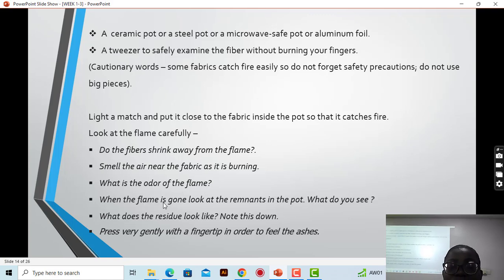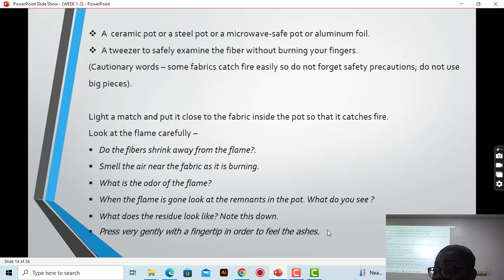When the flame is gone, look at the remnants in the pot. The remnants are the residue, the ashes that it leaves. What does the residue look like? So you note all this down and you press very gently with a fingertip in order to feel the ashes.